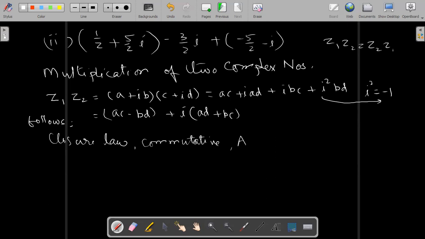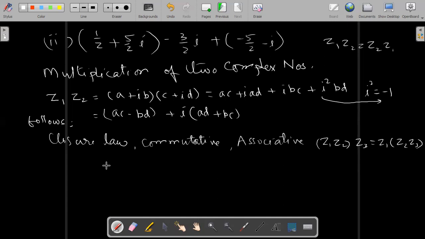Associative law means you can change the grouping: first multiply Z1 Z2 and then Z3, or multiply Z2 Z3 first and then Z1.